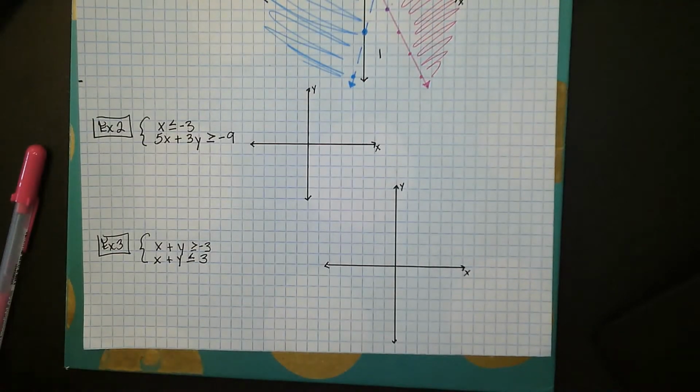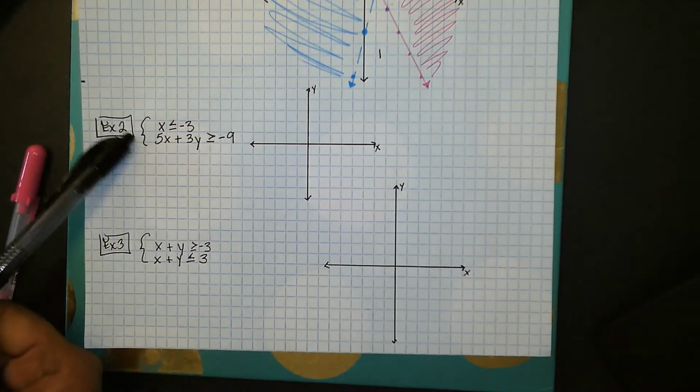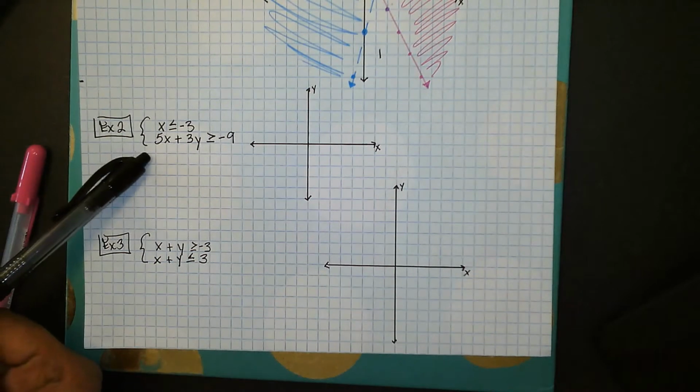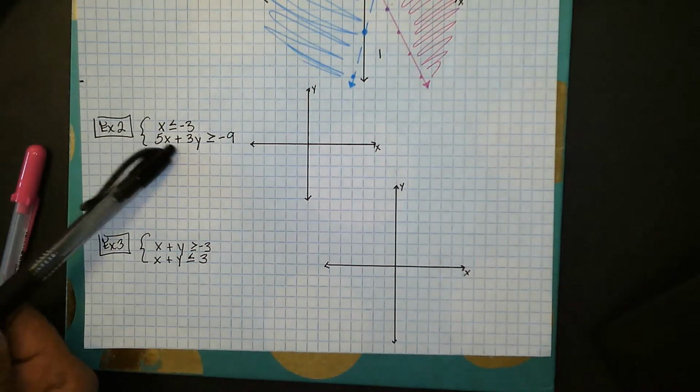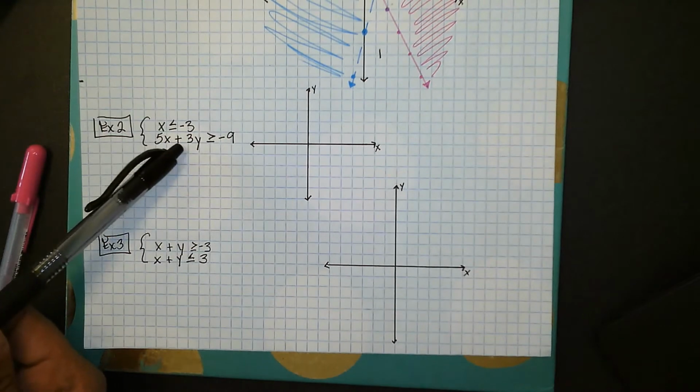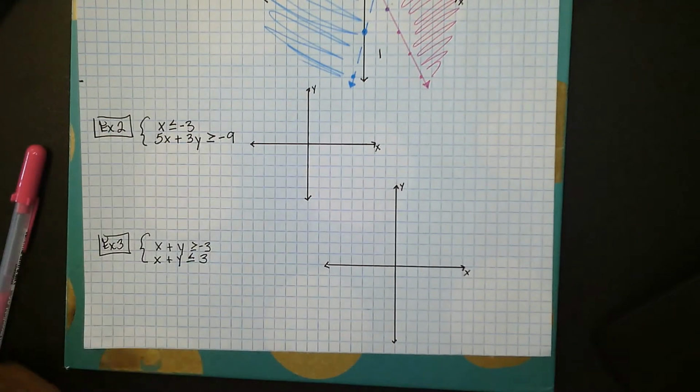Before we graph the inequalities in example 2, I noticed that our second inequality is not solved for any one variable. So we need to go ahead and solve this inequality for y before we can graph.